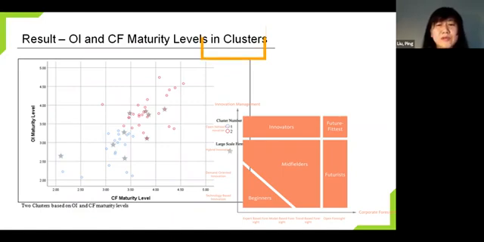Because of the exploratory character of this research, we are not using the same scale as the original model. In the original model, they are using the innovation management and corporate foresight development stage, while we are using the maturity levels.